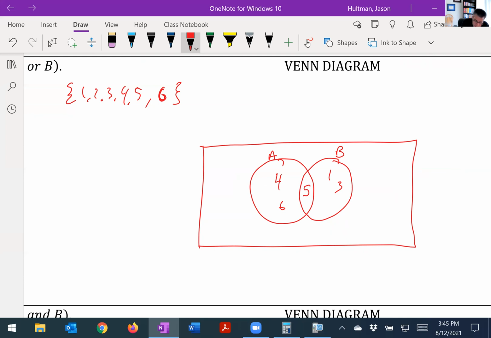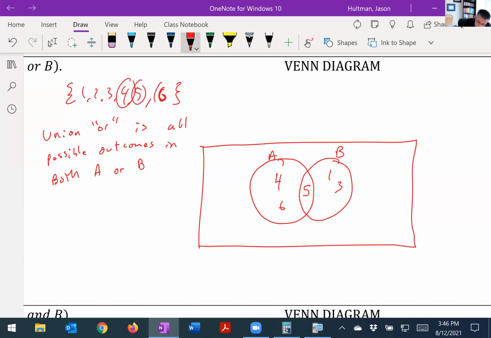What we want is the union. The union, or the OR statement, is all possible outcomes in event A or event B. Okay, so we could have 4, 5, and 6, right, as a possible outcome.